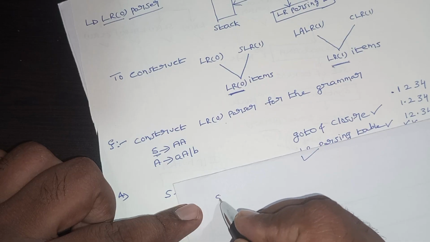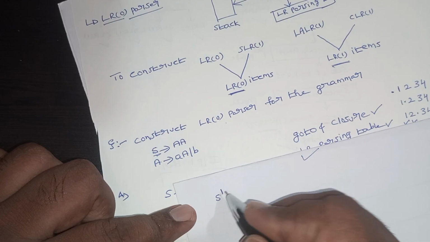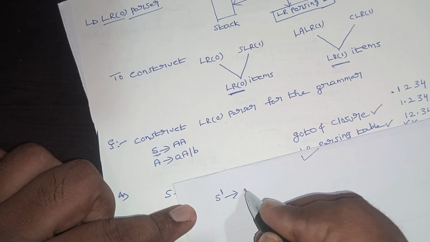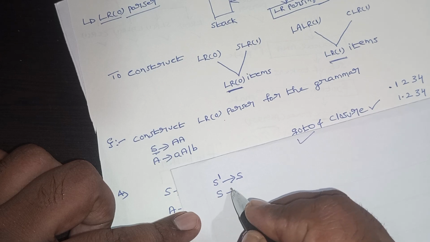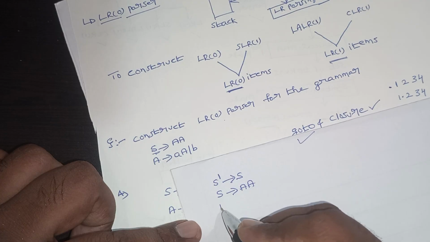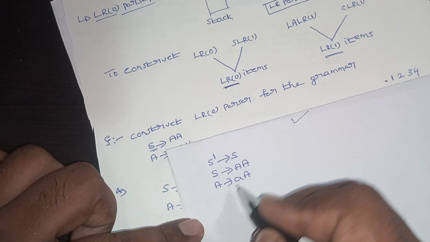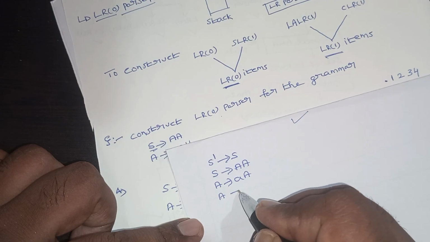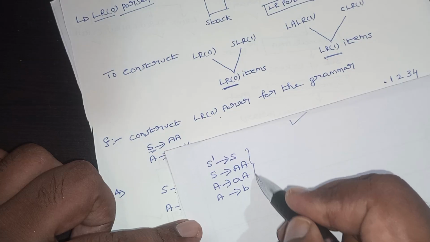It means S' tends to S. Now S tends to AA. Write A separately for convenience. A tends to aA, A tends to b. So this is called augmented grammar.